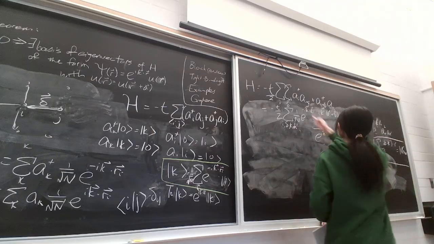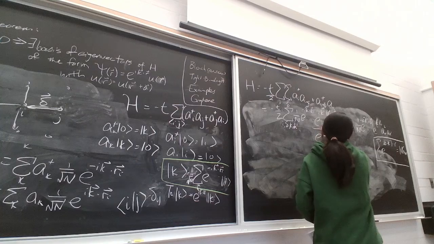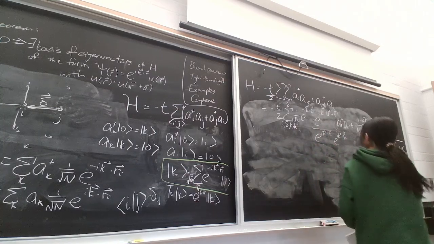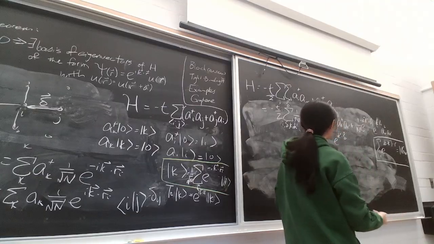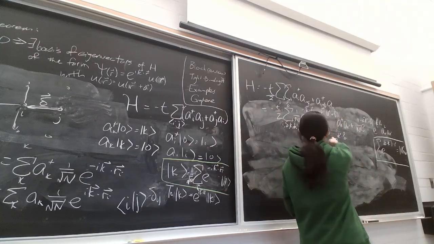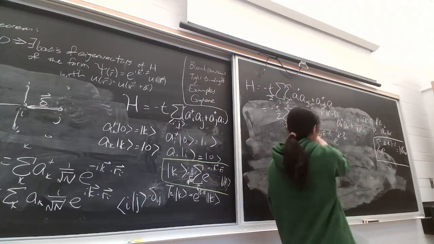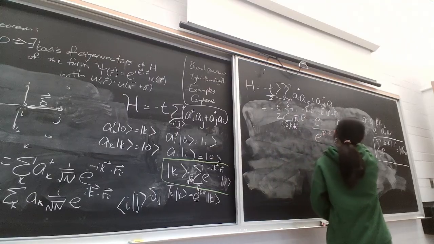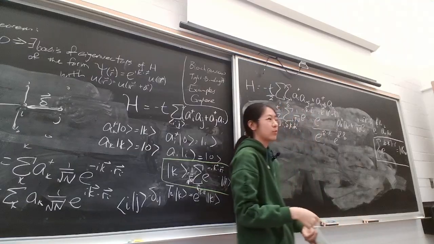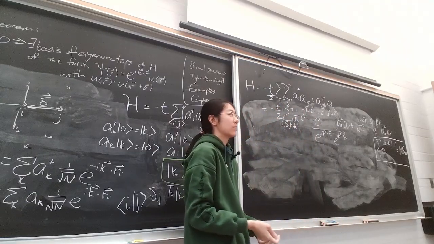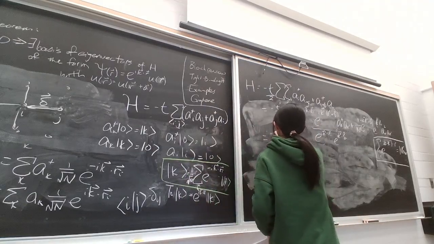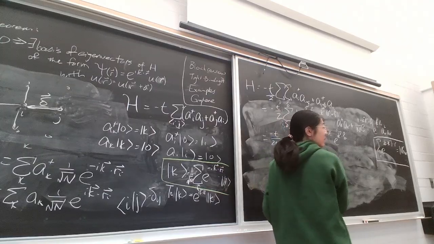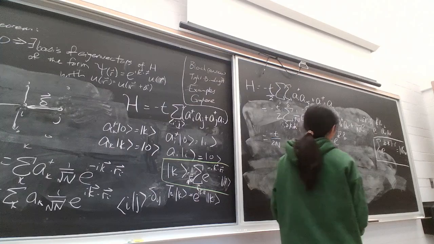Right. Then we stare at this and we see this is a negative i k dot r, this is negative i k prime dot r, and then we can apply this identity to get rid of the sum over r_i, and then the sum over k prime and k we replace with a delta function. You should write everything down and write a delta function somewhere appropriate, and then write down the next step. So don't replace the sum just yet.